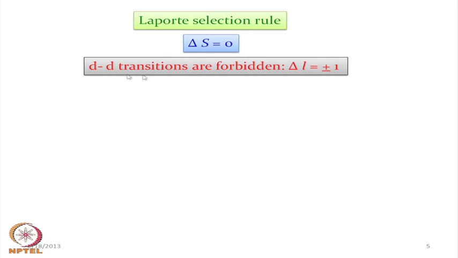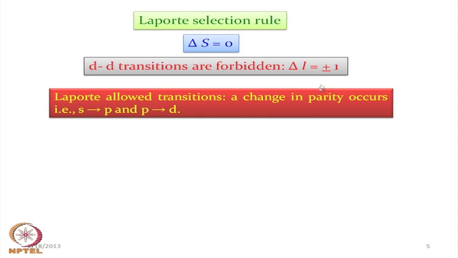And the second one is that d-d transitions are forbidden transitions if delta L is equal to plus or minus 1. But Laporte allowed transitions involve a change in parity, that is, transitions from the s level to the p level and from the p level to the d level.